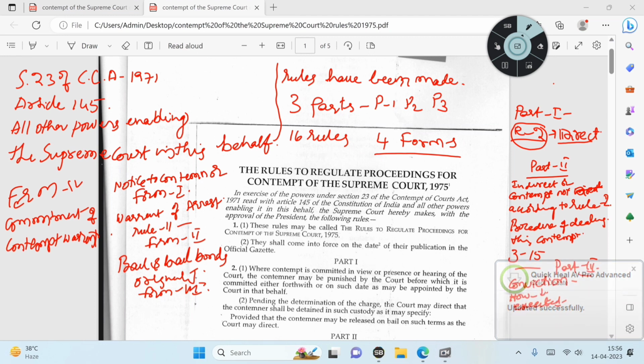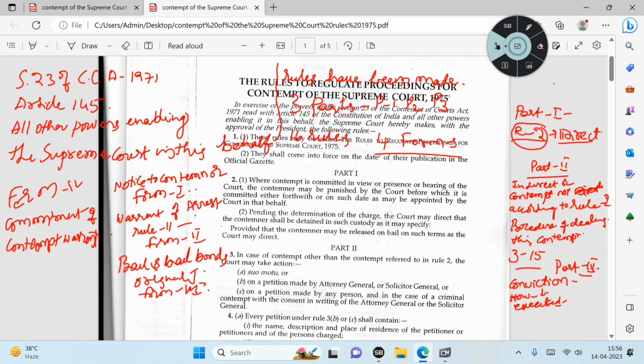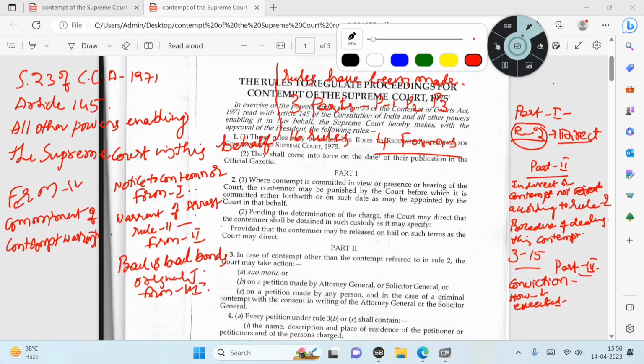Okay. Come to Part 1. What does Part 1 say? Direct contempt. According to this rule, if any person commits contempt in view, presence or hearing of the court, that is Rule 2.